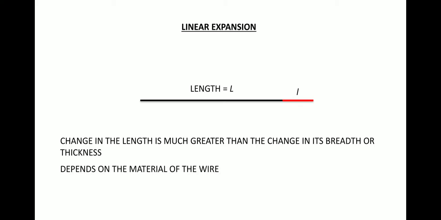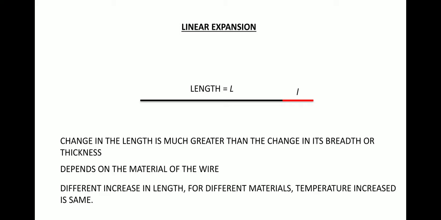If you take the same length of different wires and apply the same amount of heat, or you increase the temperature in a similar way, for each degree rise in temperature there will be a different increase in length for different materials of the wire. So there will be different increase in length for different materials when the temperature increase remains the same.